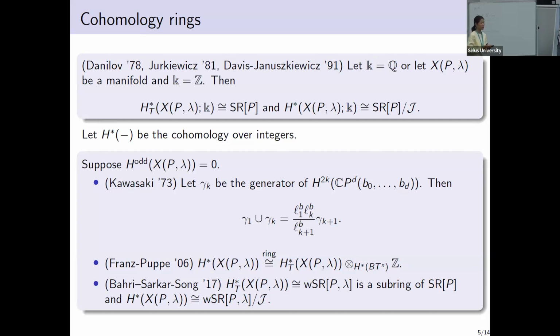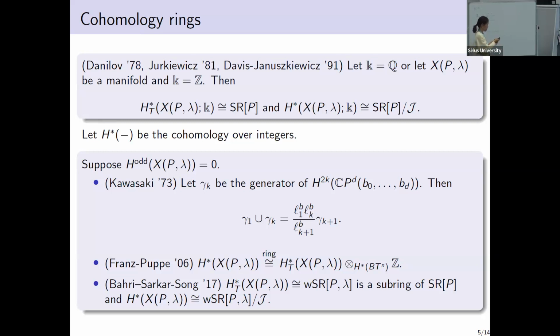They describe some criteria for certain elements inside the Stanley-Reisner ring, and show that the equivariant cohomology ring is isomorphic to a certain subring of the Stanley-Reisner ring. And following the result by Franz and Puppe, the cohomology ring of the toric orbifold is isomorphic to the quotient ring of the weighted Stanley-Reisner ring over the ideal J.